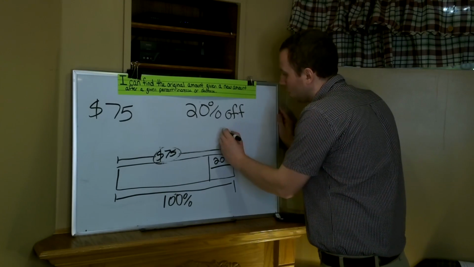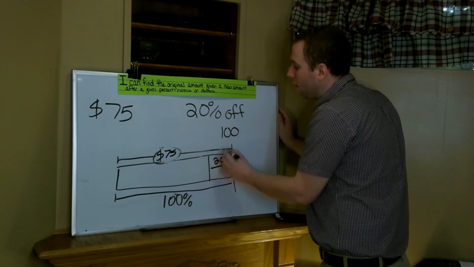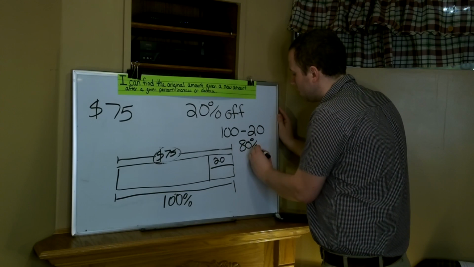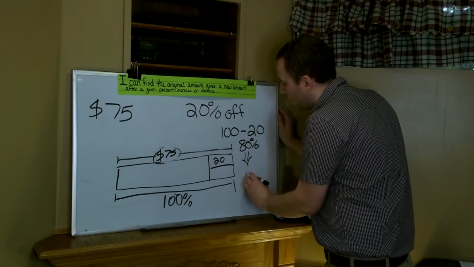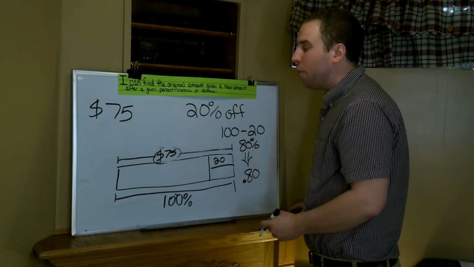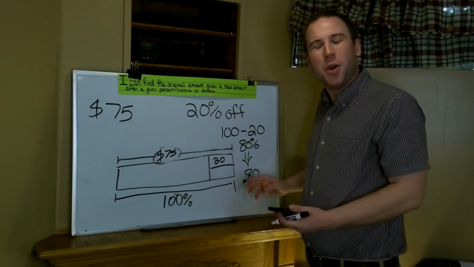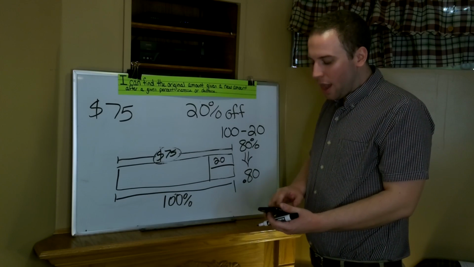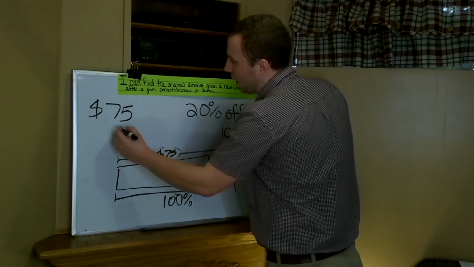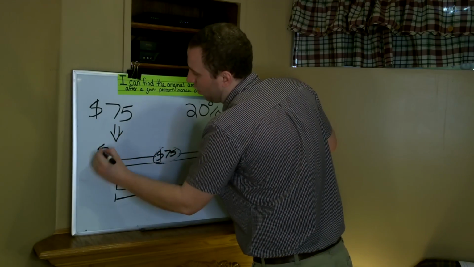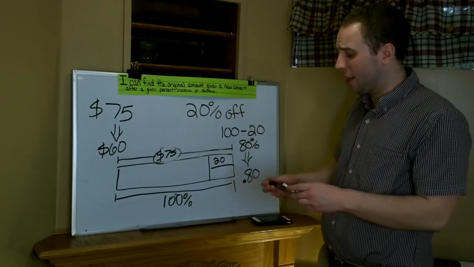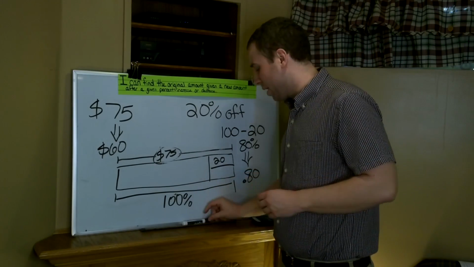So 100 minus 20 gives me 80%. 80% turns into 0.8 as a decimal. We then multiply 0.8 by $75, making our backpack only $60. I don't know about you, that's a really expensive backpack. We're talking high-end backpacks.